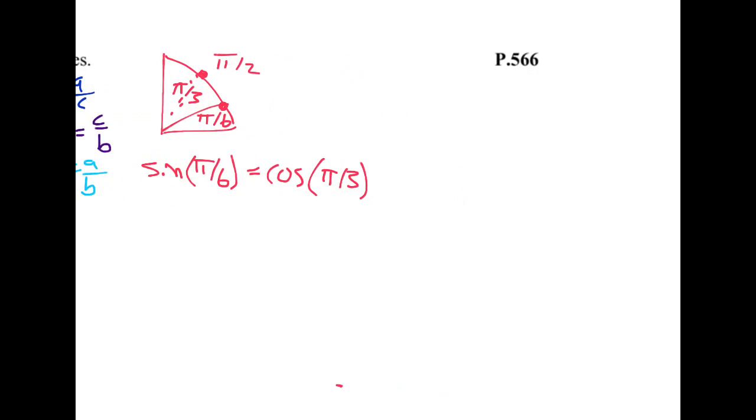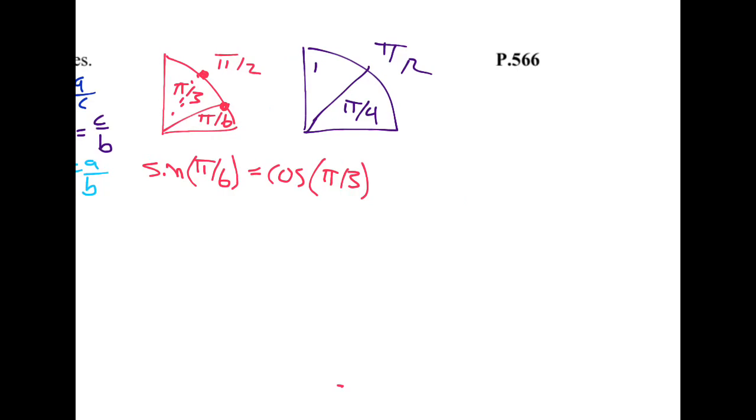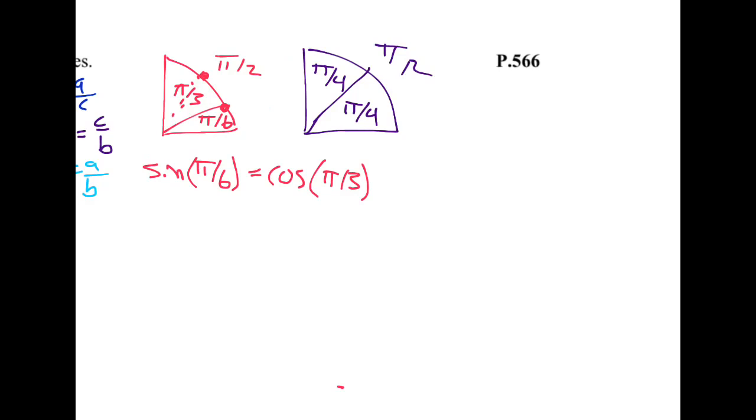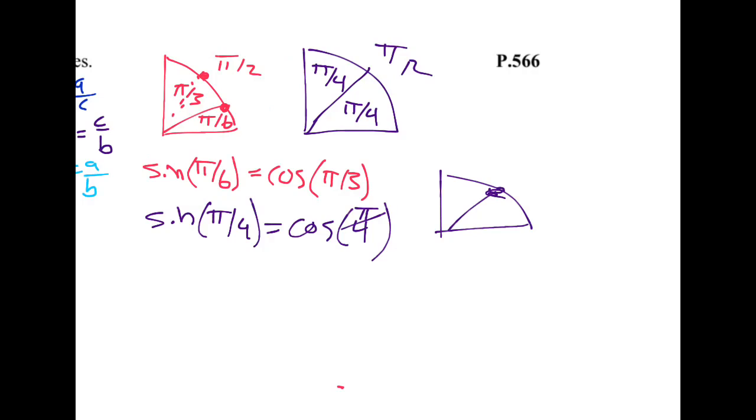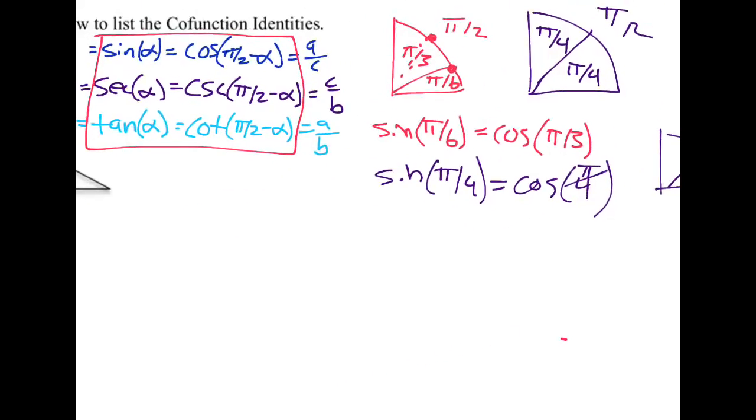Similarly, could do the same thing, but with splitting this pi over 2 in half to pi over 4. Well, then what's left? It's another pi over 4. And that's why sine of pi over 4 equals cosine of pi over 4. That special point right there where the two values are the same. They're both root 2 over 2. That's why that's happening, because of this idea of complementary functions.